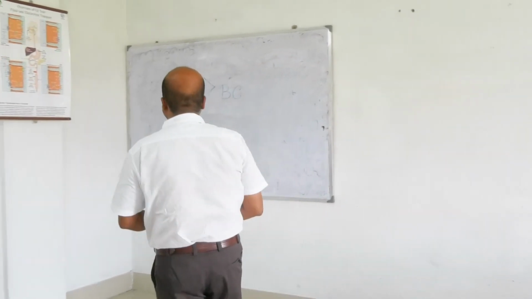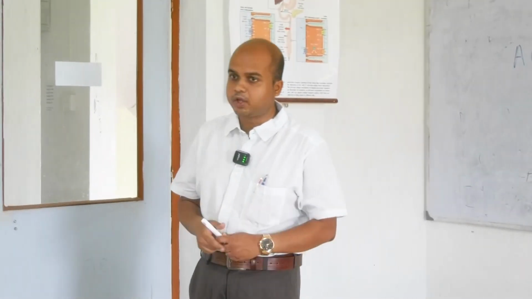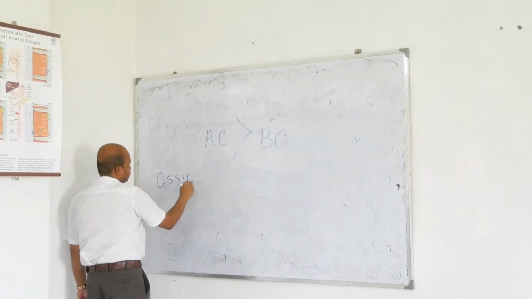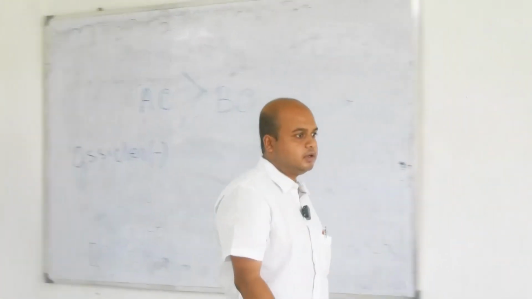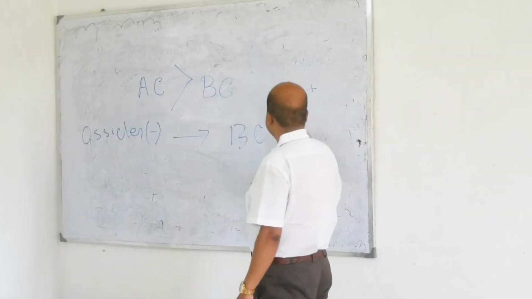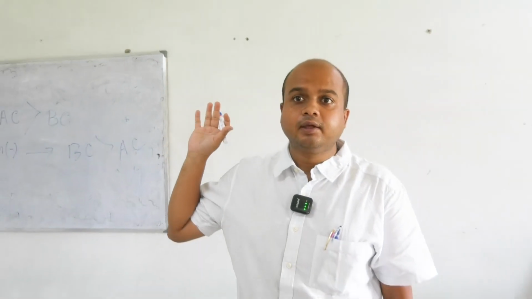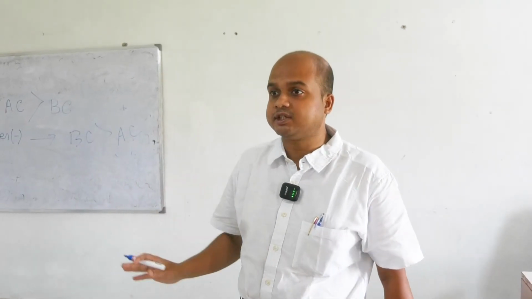In that case, AC is less than BC, meaning sound is heard for a greater time through bone, or sound is reaching the inner ear better through bone, but it is not about intensity. It is about duration.